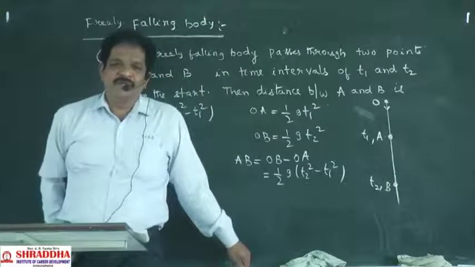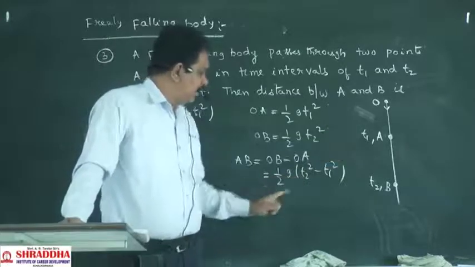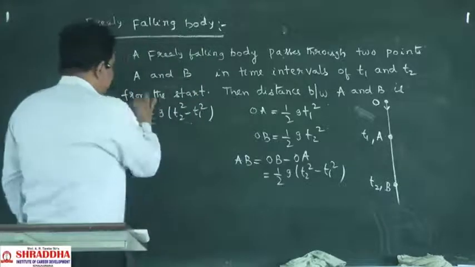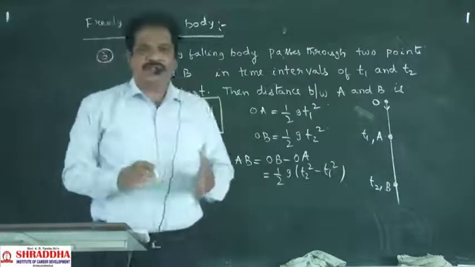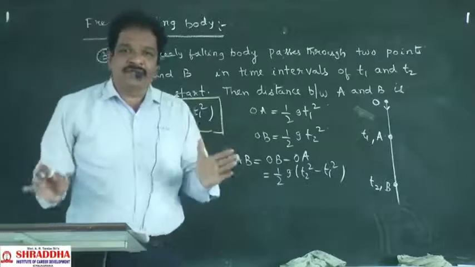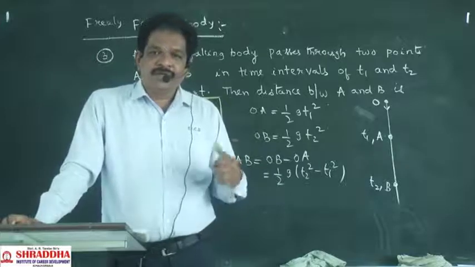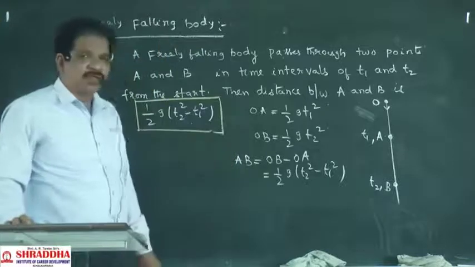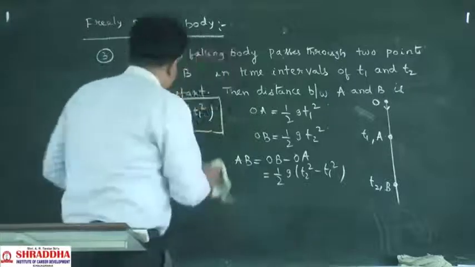Is that clear? So in this way, the distance between A and B will be equal to 1 by 2 g (t2 square minus t1 square). Actually, these formulas will be useful for a particular type of problem. Directly you can apply this formula so that you easily get the answer. Clear?